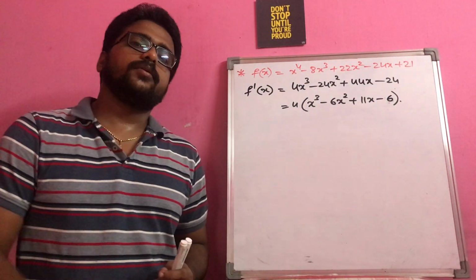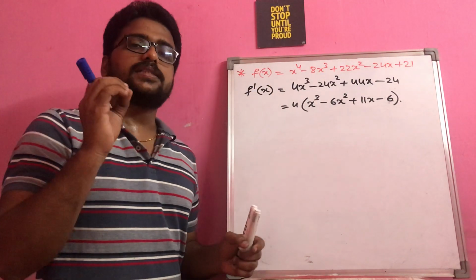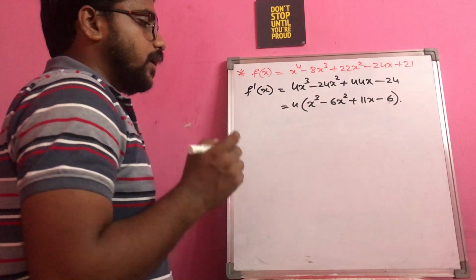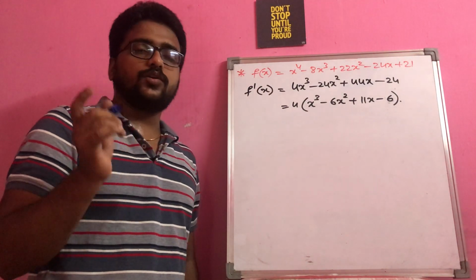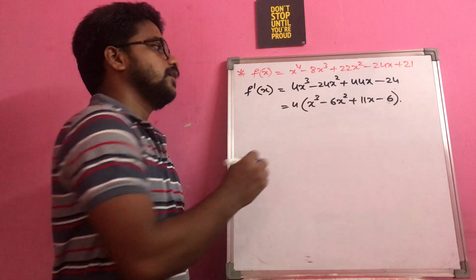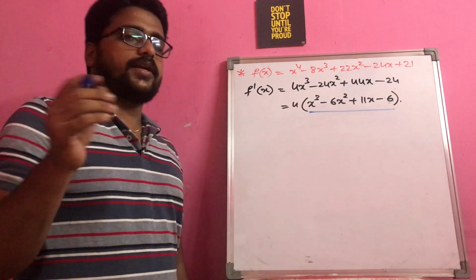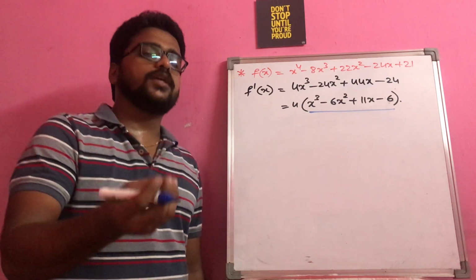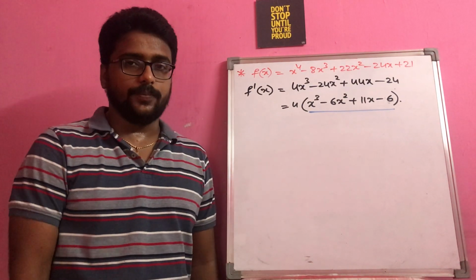Now the main problem is how you have to identify the factors for this. My simple suggestion is, whoever is setting the question paper, we usually think in such a way that in this cubic expression that you are getting, we give simple factors for that polynomial, right?